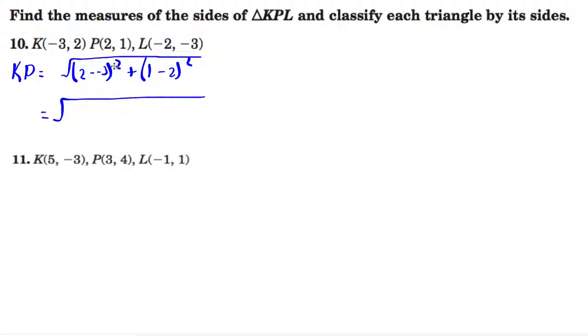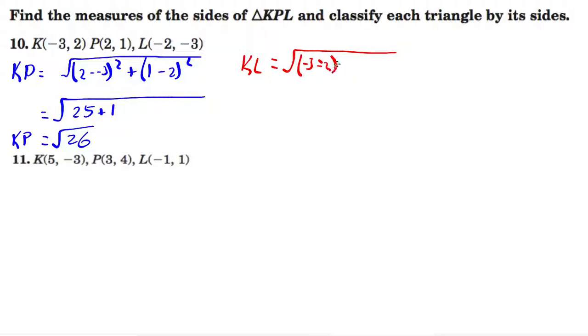So that is 5 squared, which is 25, plus negative 1 squared, which is 1. So KP equals the square root of 26. We also have KL, which is going to be the square root of negative 3 minus a negative 2 squared, plus 2 minus a negative 3 squared.